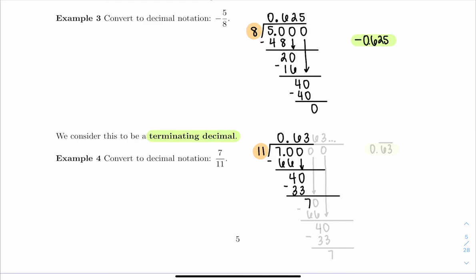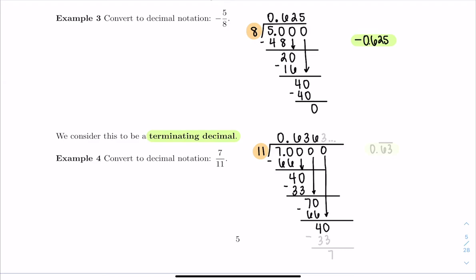So we're going to put another 0 and bring it down. 11 goes into 70 how many times? Goes in 6 times. And 11 times 6 is 66. And 70 minus 66 is going to give me 4. We're going to put another 0 and we're going to bring it down.